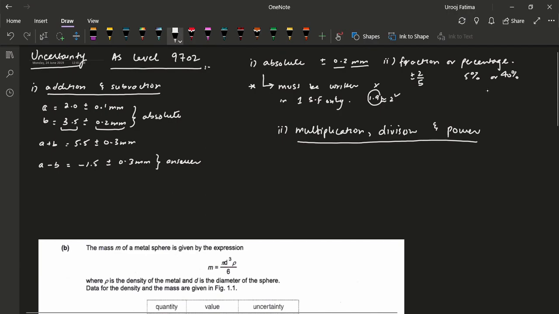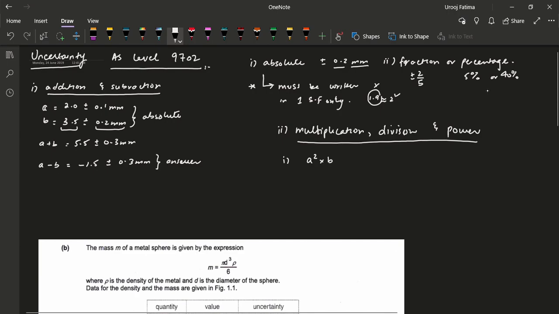But let's just see. If this is the case and they give you an operation where they say you need to do a squared times b, or maybe let's just do this first, and then we can include another uncertainty.